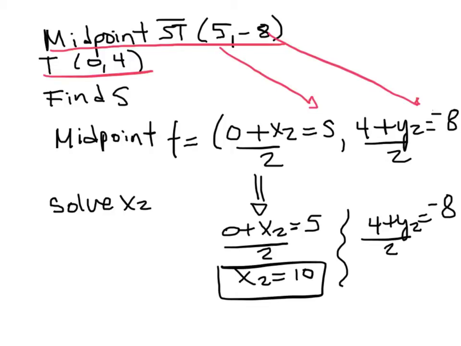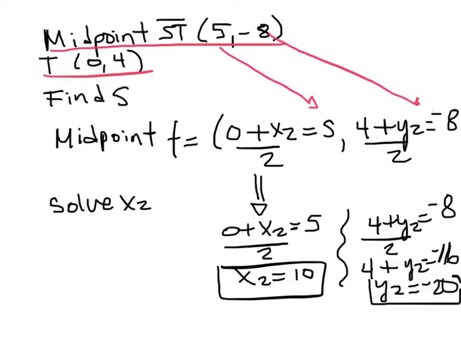So I pass these multiplying, and I have minus 16. And my final answer is minus 20. That is the other point, which will be expressed as 10, minus 20. This is S.